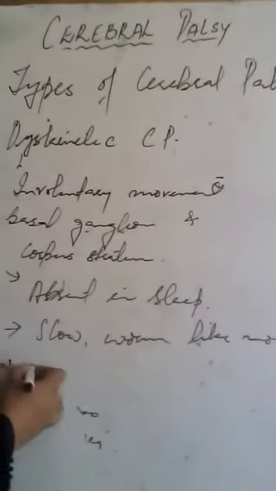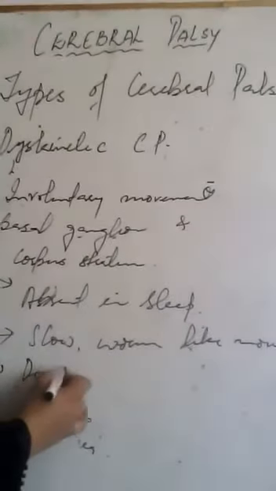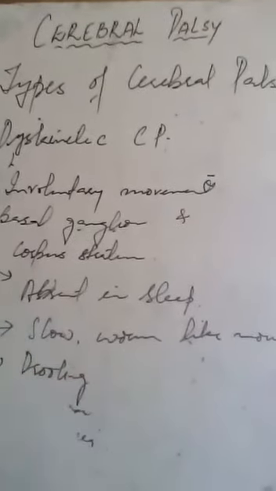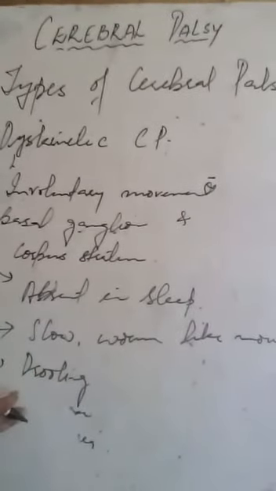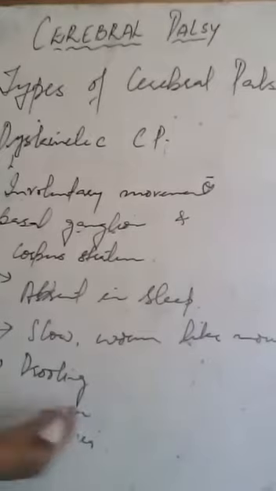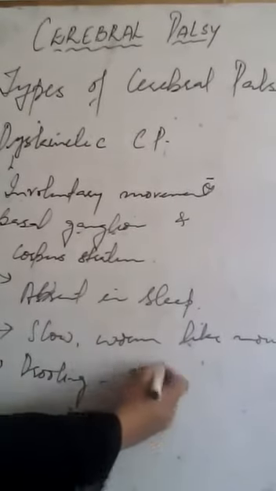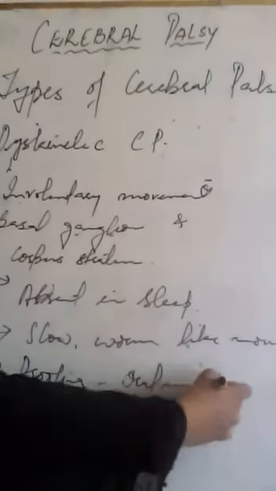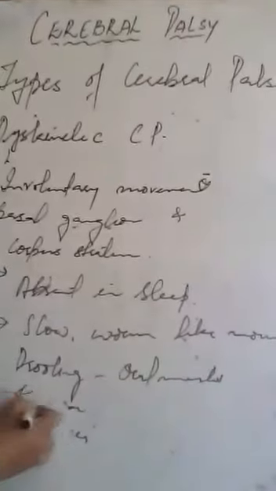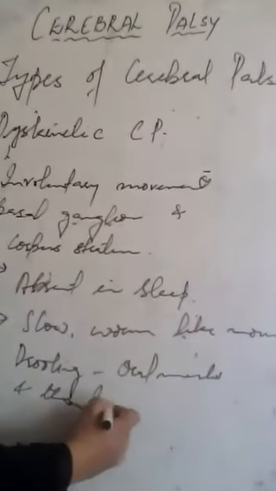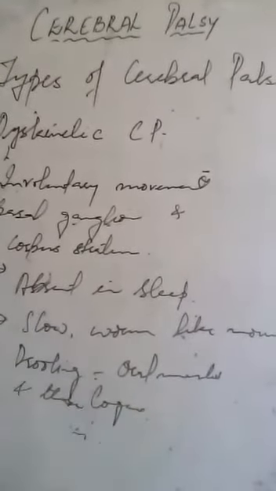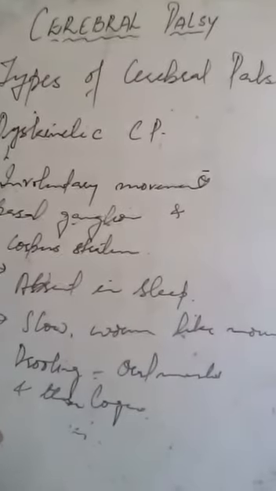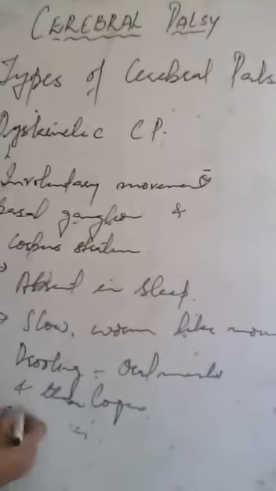Also, children may have drooling, that is the excessive salivation due to the involvement of oral muscles and the tongue. And also there may be difficulty in speaking.